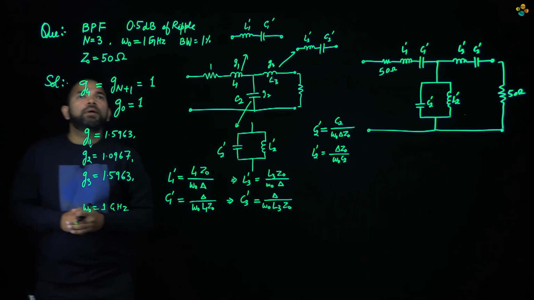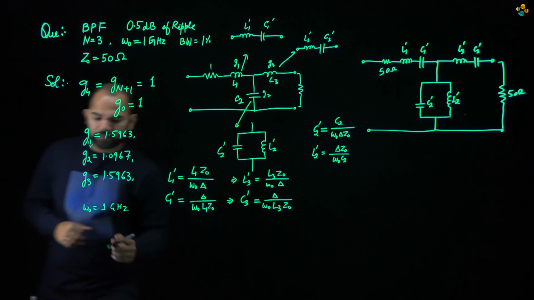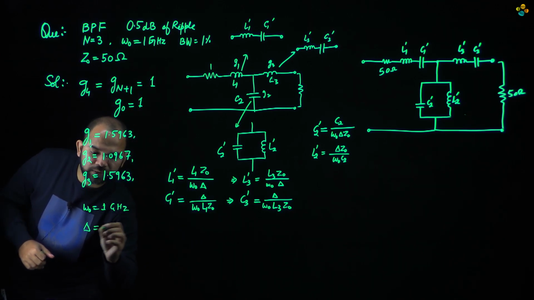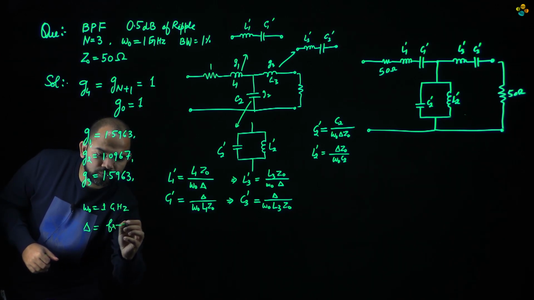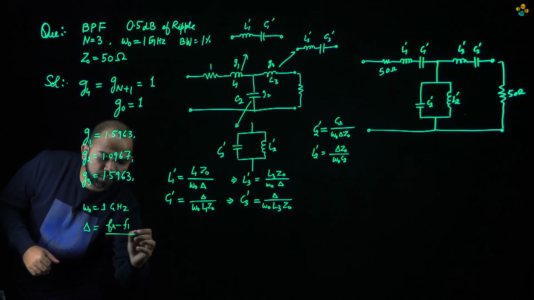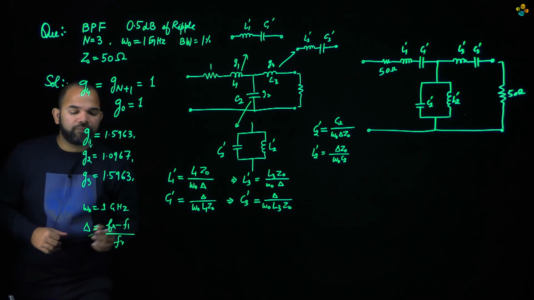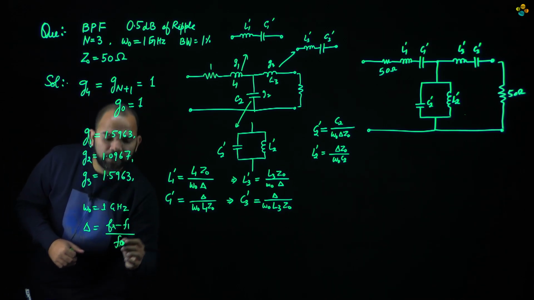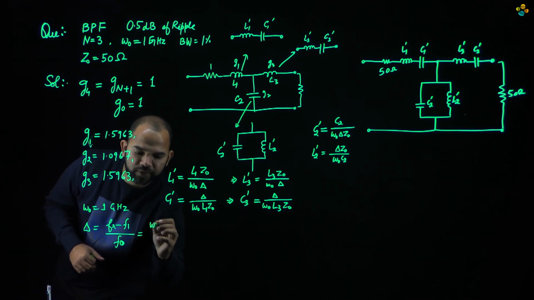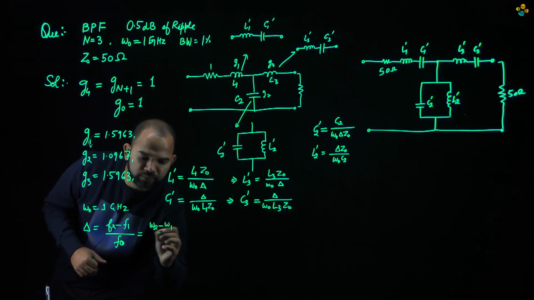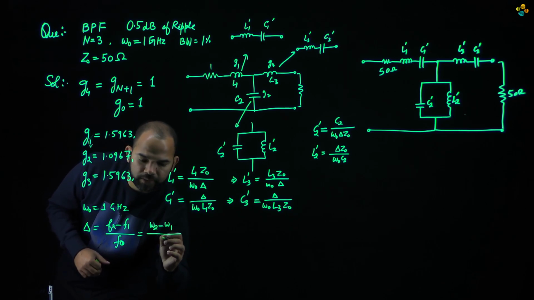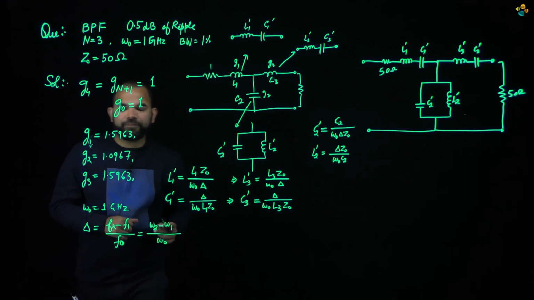And there is one term delta, which is defined as F2 minus F1 divided by F naught, or in terms of omega, omega 2 minus omega 1 divided by omega naught.